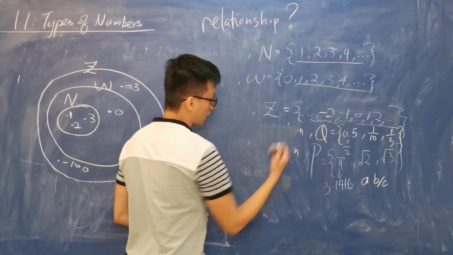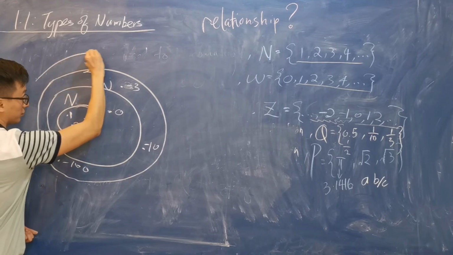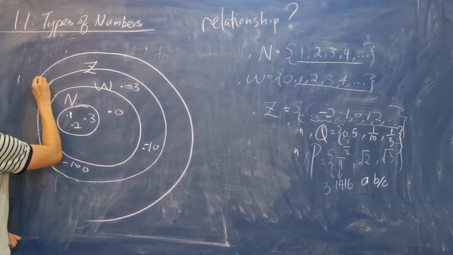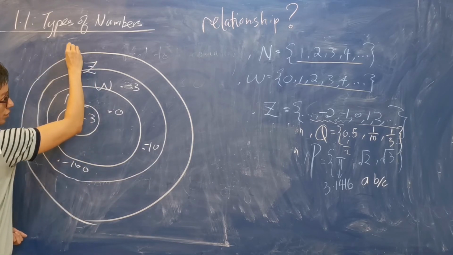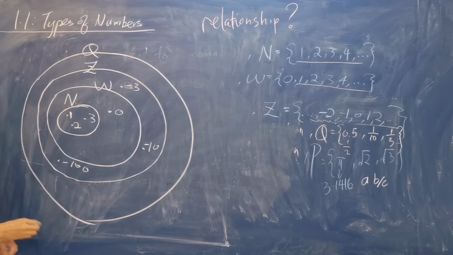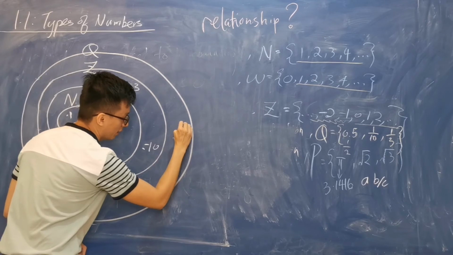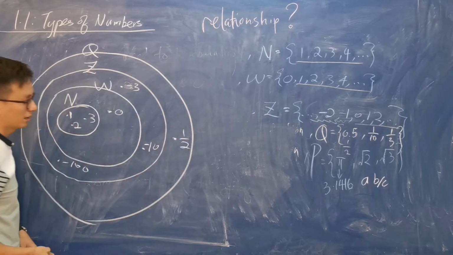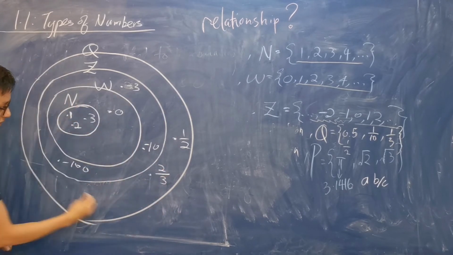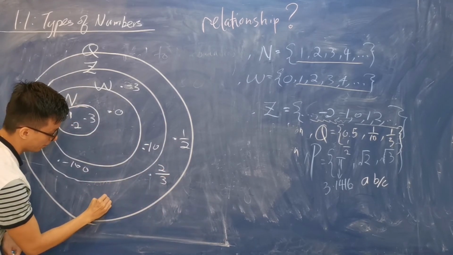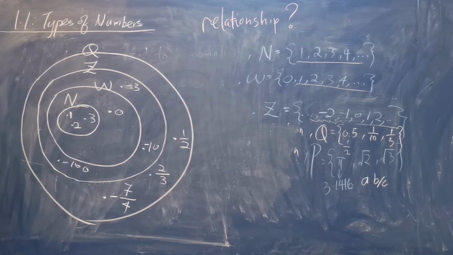Next one, Q for rational number, fraction. So, I will draw a bigger diagram with the symbol Q, and here we will put 1 over 2, 2 over 3, or even negative 7 over 4.